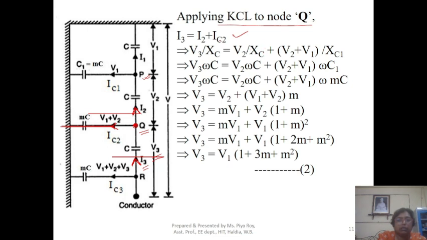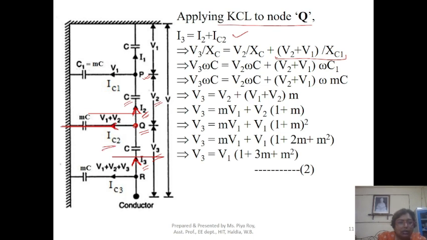From where it comes, look, one leaving current is I2, the corresponding voltage is V2 divided by its reactance XC, because this is C, self capacitance, and plus now this part, from where it comes, actually that is IC2. Now IC2 is replaced by these terms. IC2 is this current.